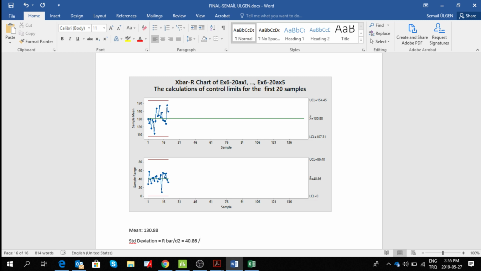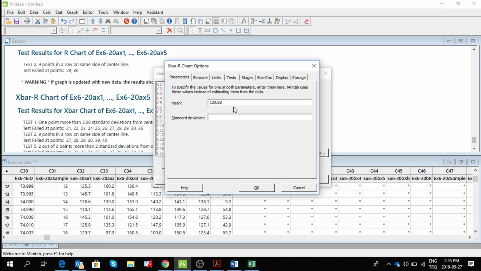If you go to the table, I find 2.326, and when I calculate that, this is going to be equal to 17.57. Okay, this is the standard deviation. I want to use these two values. So I want to copy paste, Control C. I want to use my mean, and my standard deviation is 17.57. Okay, and estimate.